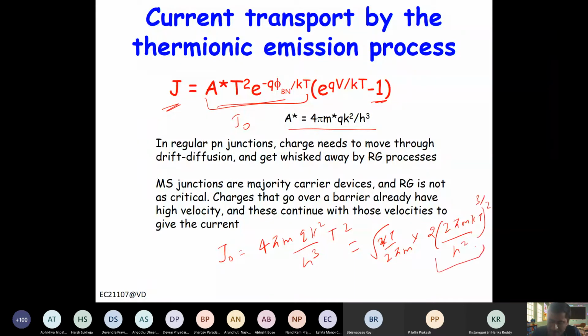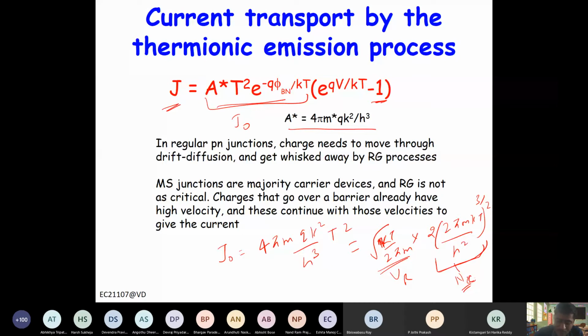Now can you recall what is this expression? 2 pi m kT by h square to the power 3 by 2 times 2. This, of course, root kT by 2 pi m, is the Richardson velocity. Can you recall what is this term? When we derived the equation for current, we wrote n is equal to Nc exponential (Ef minus Ei) by kT, right? So this is basically Nc, the effective density of states.